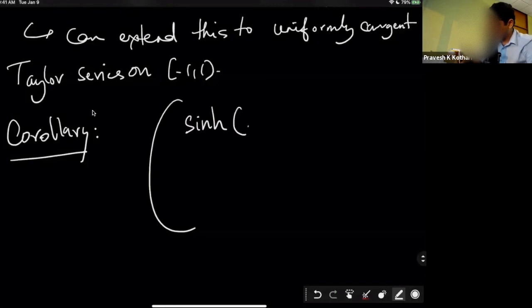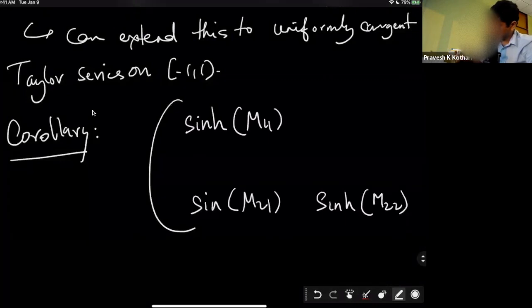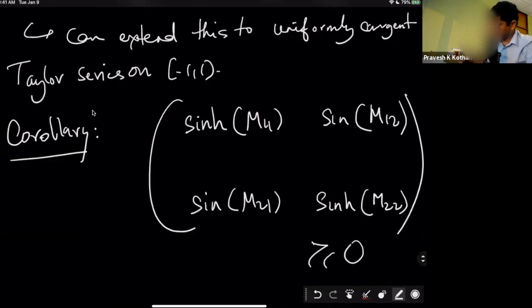Therefore, this matrix is always positive semi-definite. Okay. Actually, let me plug in C there because this is true basically for all non-negative C.